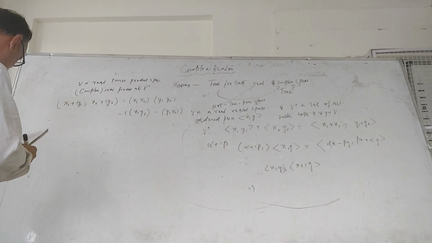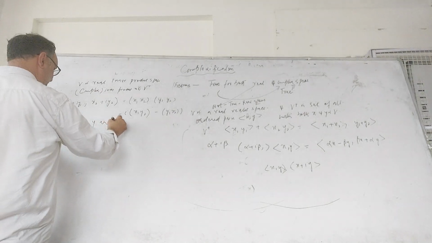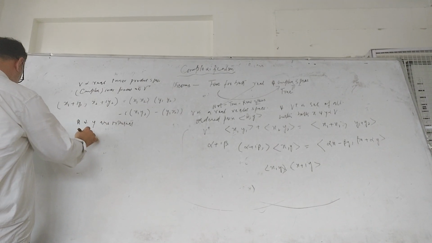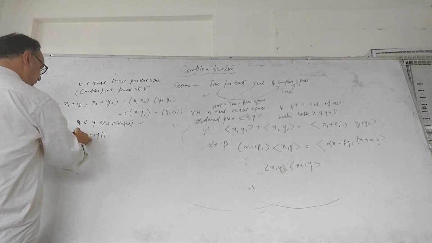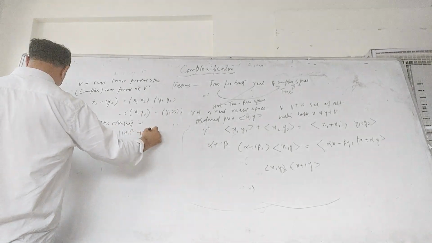And we can observe that if x and y are orthogonal in V, then the norm squared of x plus iota y is the norm squared of x plus the norm squared of y.